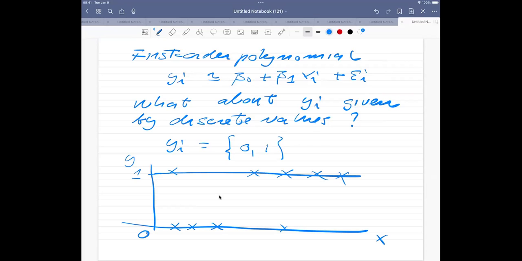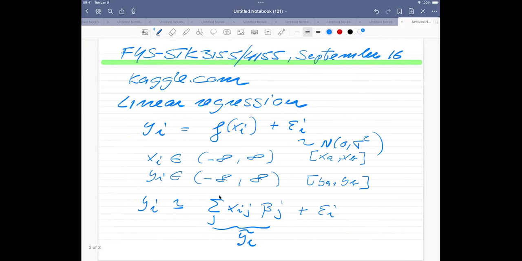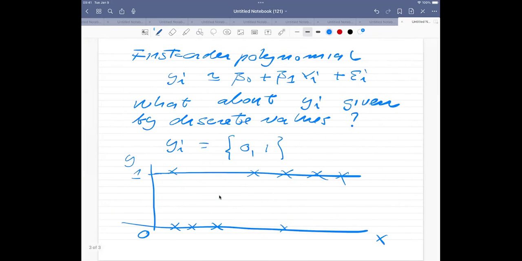Now, in one of the examples last week, we had a function which was given by a cosine, and we did a polynomial fit when we studied the bias variance trade-off. And you saw that we could actually force the fit to go through all the points. But if we now stay with a straight line, suppose we go back to what we have here, and we want to use the straight line to fit this data set.